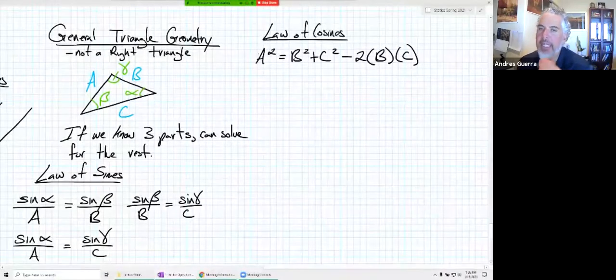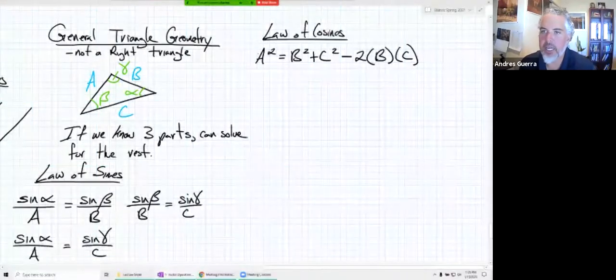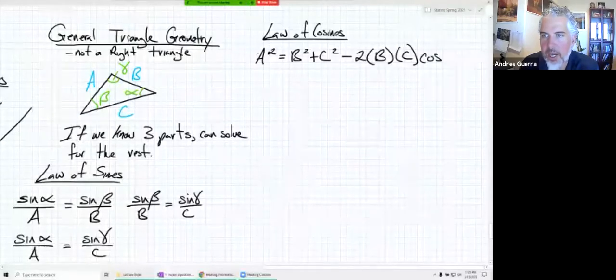And then it's law of cosines, so it's got to have a cosine in there. So it's minus 2bc times the cosine of whatever angle is opposite the letter that showed up on the left-hand side of the equation. So that would be alpha in this case.